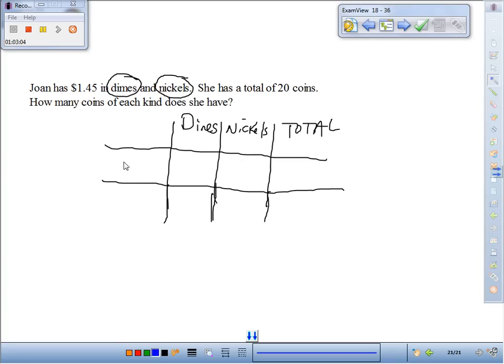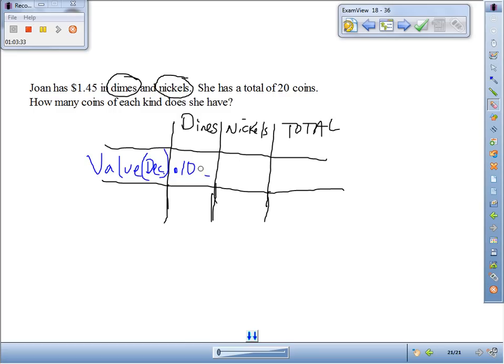So here we go. Let's start with our first setup. The first setup is going to be the value. And the value we're going to write as decimals. So how can we write a dime as a decimal? 0.10. Do we know how many dimes they have? No, that's why we write x. Or could we use the letter D better?